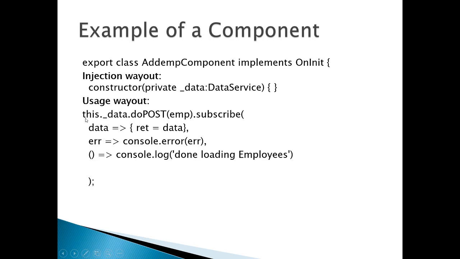Now that the underscore data service is available, with this dot underscore data dot, any method of that service can be called. So this is the way with which we inject a complete class into another class, and we get the functionality of all the functions. We can call all the functions of that class, and this is possible for services as well as any components or any other such classes which we have already declared.